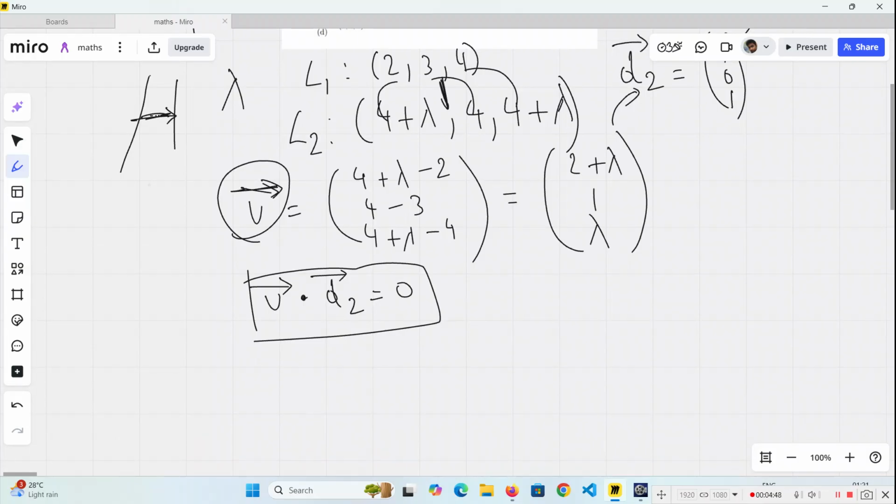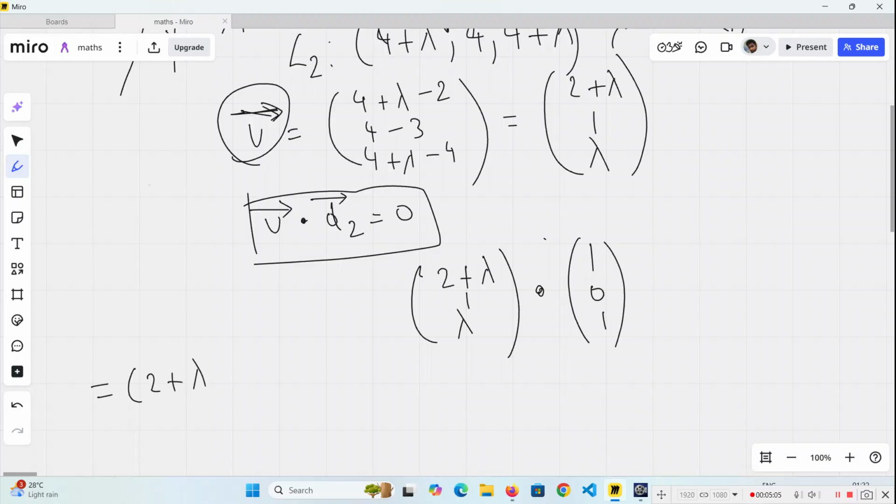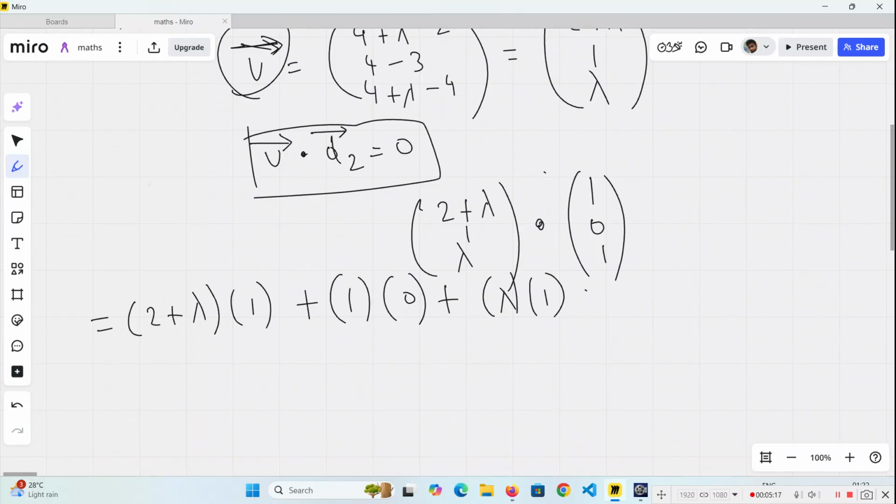The dot product of (2 plus lambda, 1, lambda) with (1, 0, 1) gives 2 plus lambda plus 1 times 0 plus lambda times 1. If I solve this, I get lambda equals -1.